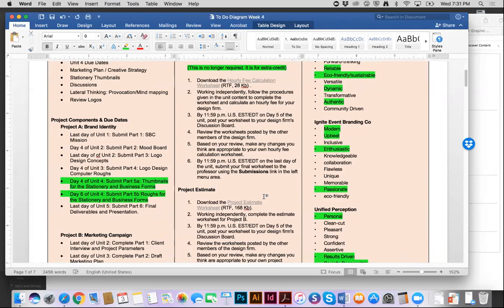Yeah, that was going to be one of my questions, because when I did the hourly fee calculation worksheet before, my salary was higher than the salary of those below me. So when I felt like I was going to be doing the task on the project estimate sheet, I incorporated my hourly fee there. And that would be correct. Okay, that's what I was thinking.